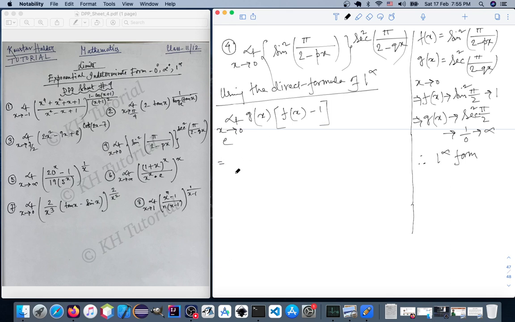This is 1 by cos square of pi by 2 minus qx, multiplied by sine square of pi by 2 minus px minus 1.